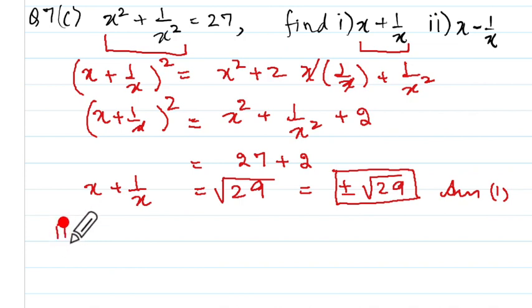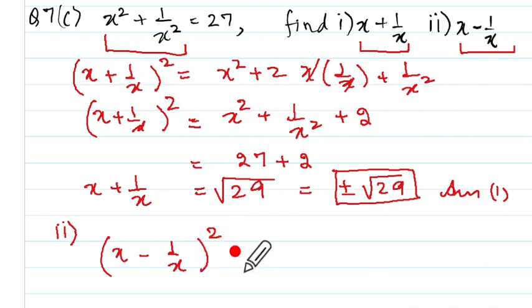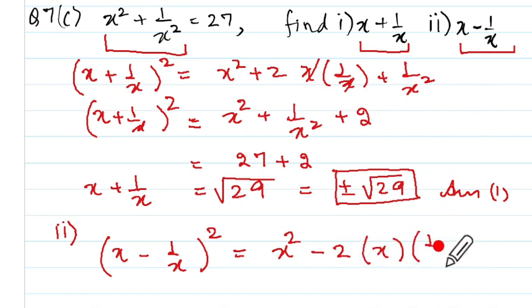We come to the second part. We have to have x minus 1 upon x. So we will take x minus 1 upon x, and if we square it, we will still have x squared minus 2 into x into 1 upon x plus 1 upon x squared, right?